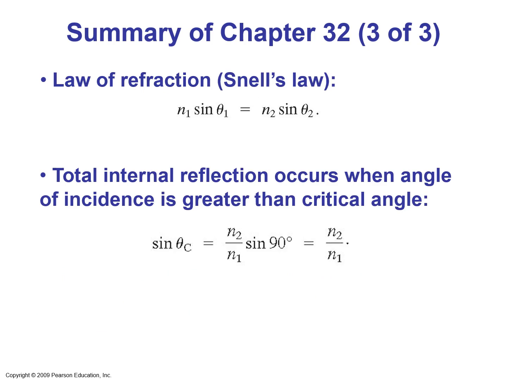Law of refraction, or Snell's law, is given by n1 sine theta 1 is equal to n2 sine theta 2. Total internal reflection occurs when angle of incidence is greater than the critical angle. The critical angle is given by sine of theta critical, theta c, is equal to n2 divided by n1.